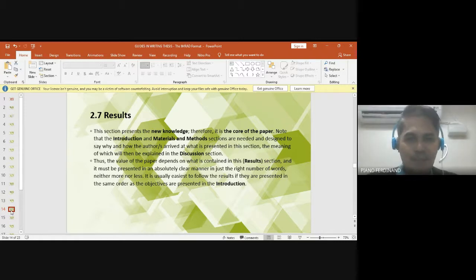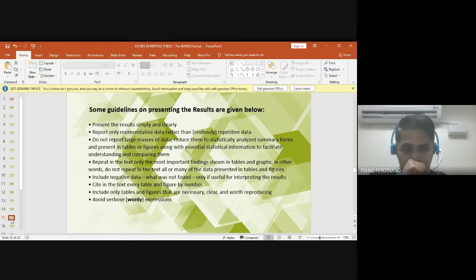Okay? So, dito po kailangan maging clear. No? It must be presented in a clear manner. No? Okay? With the right number of words. No? Hindi po dapat masyadong wordy. No? Kasi po, mayroon naman pong part para i-discuss yung result talaga. Okay? Yung result or yung findings ng ating study. Okay? Which is in the discussion.